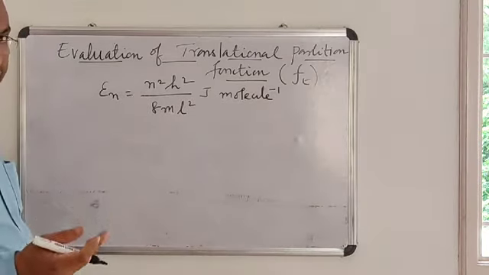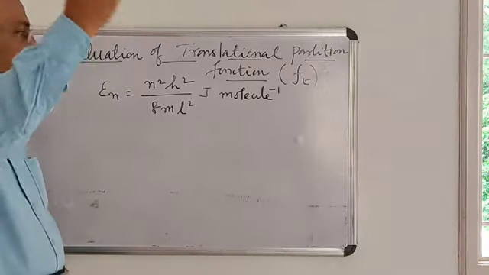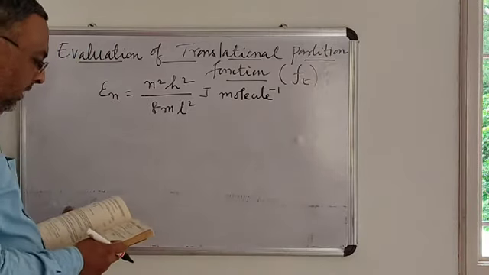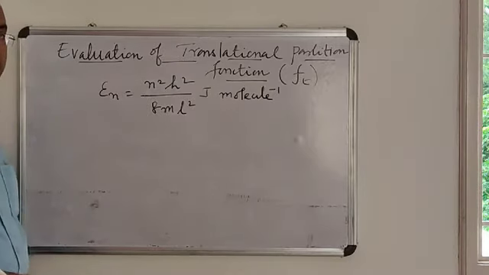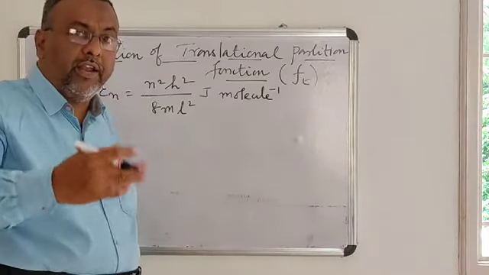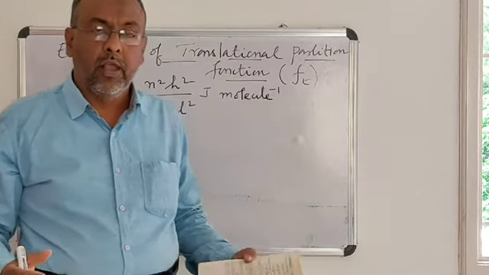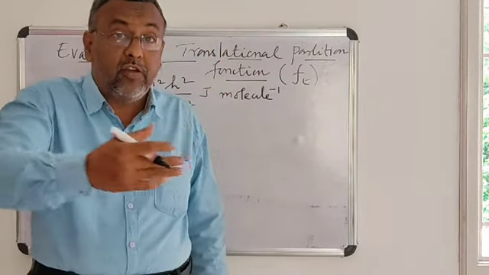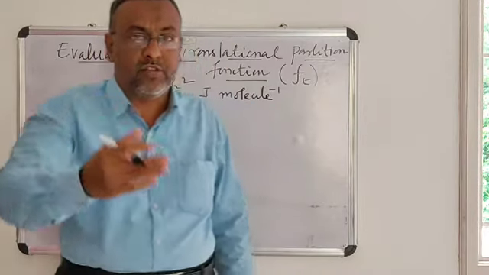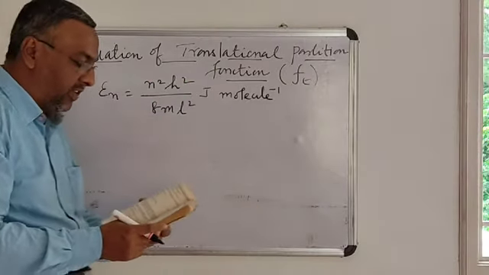It can be 0 for the ground state, then n1, n2, n3 for various energy levels. Then what is the translational partition function? The molecules have translational motion in all three coordinates, the x-axis, y-axis and z-axis.